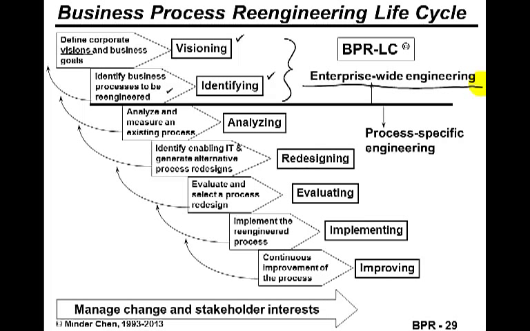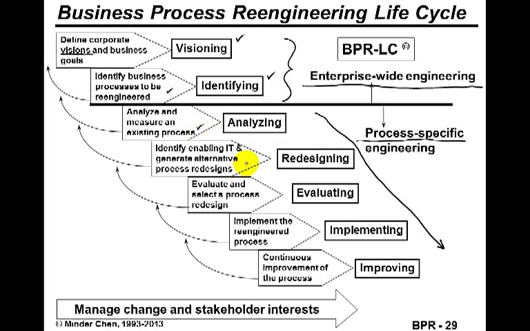And once we identify a specific business process, then we start to follow the following 5 steps in this re-engineering methodology. The first in this 5-step approach at the process-specific level is to analyze and measure the existing process.